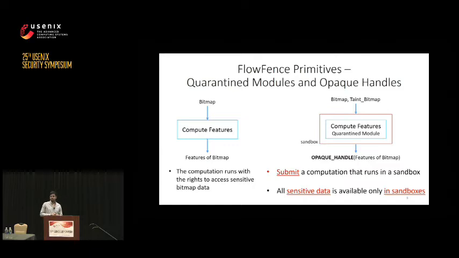An opaque handle refers to the sensitive data, but it has several interesting properties. The most important is that it only refers to the data, but outside a QM, you cannot dereference an opaque handle. The only way you can get the raw data that an opaque handle refers to is by submitting a QM for execution in one of FlowFence's sandboxes.